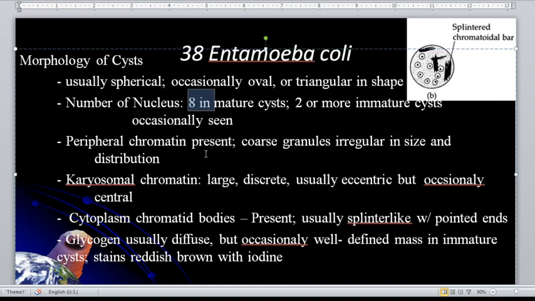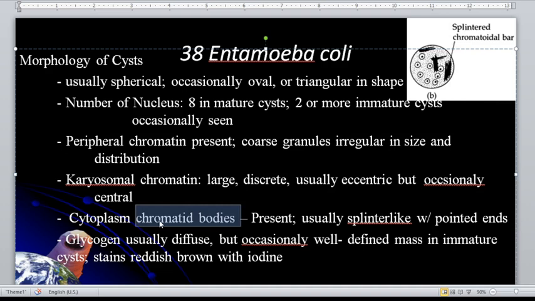Okay, peripheral chromatin, coarse, unlike Entamoeba histolytica, fine. Karyosomal chromatin, eccentric, unlike Entamoeba histolytica, that is central karyosome. For Entamoeba coli, eccentric karyosome. What is the morphology of the chromatoidal bodies of Entamoeba histolytica?